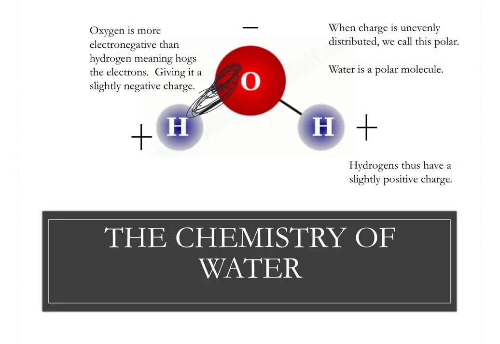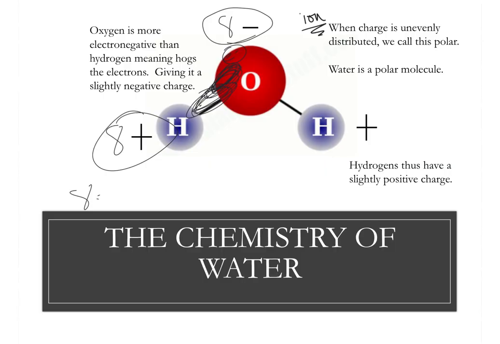As a result, the oxygen gets a partial negative charge, and because of that negative charge, it's going to interact with anything that is an ion. If oxygen has a partial negative charge, then my hydrogen, because it doesn't have the influence of that electron, gets a partial positive charge.